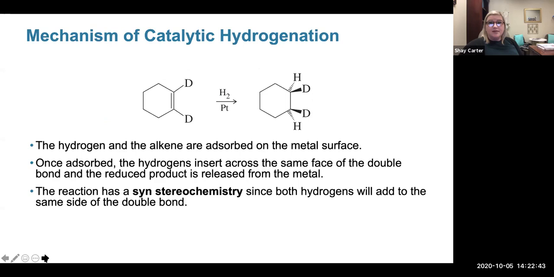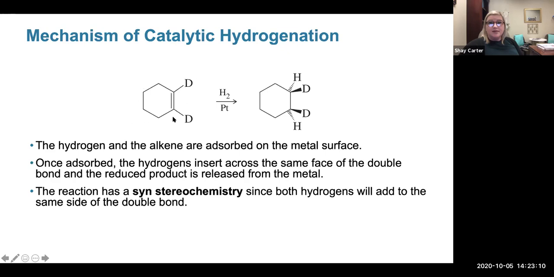Okay, now we can determine where the hydrogens add. You know, you may be thinking, hydrogens are just hydrogens. Why do we care, right? But we can figure out exactly which hydrogens and how they're added, okay, by having something that already has deuterium on it, okay?